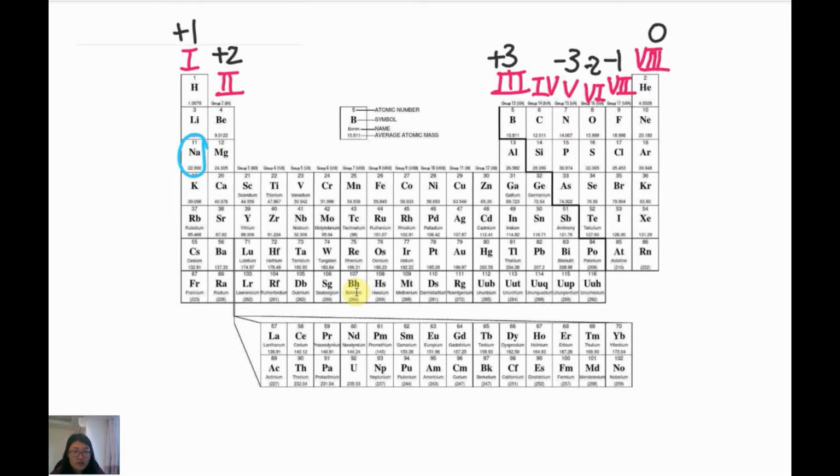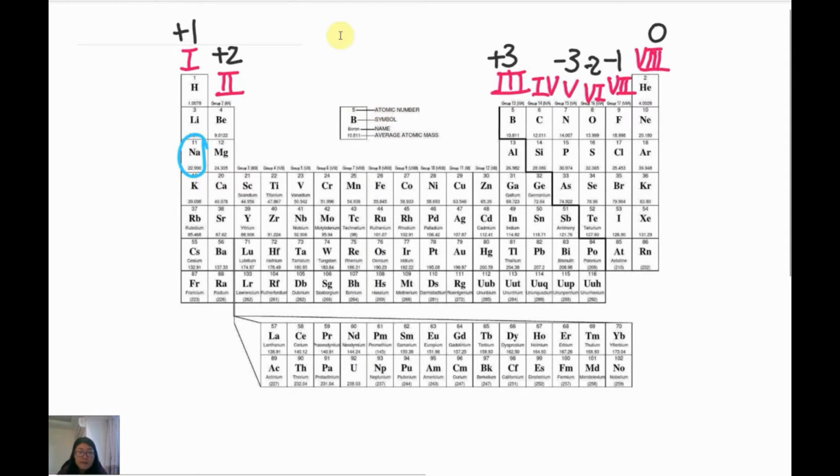Now if you take a look at the periodic table, you notice that it has 2 numbers in the box for sodium. One is 11 on the top. The other one is 22.99 something at the bottom, and that's the atomic mass. Here, as you might have noticed, you have the atomic number on the top, which is the proton number.